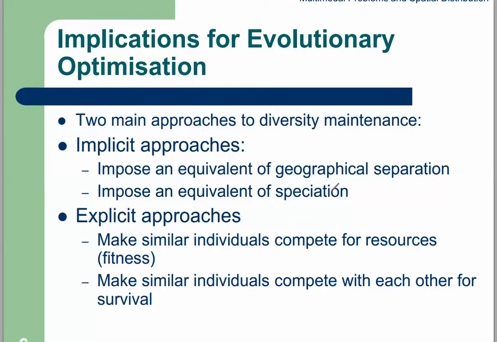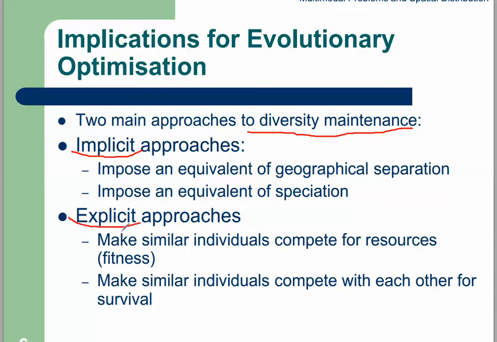Evolutionary algorithms can be divided into two types to maintain high diversity and stop the decrease of the diversity value. One type is implicit, or indirect, and one type is explicit.